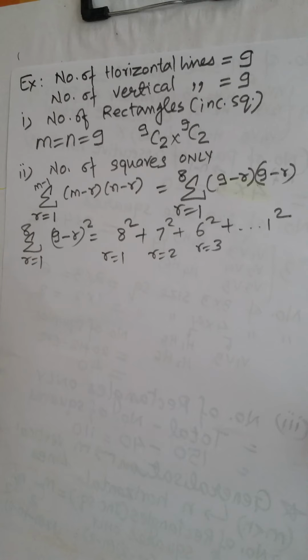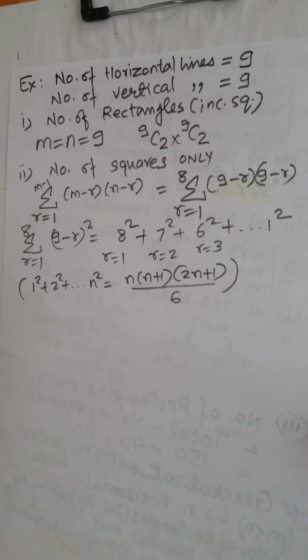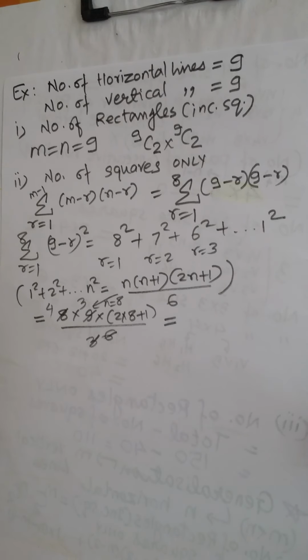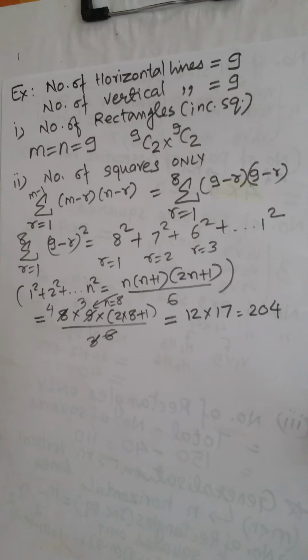This can be solved further to get the final answer. We can also use a standard formula to get the answer fast. If we compare it, here we have to put n as 8. So when we put it, we get this. Now, further simplifying and cancelling, 8 and 6 gives 4, 3, and 9 by 3 is 3. We get 204 squares possible.